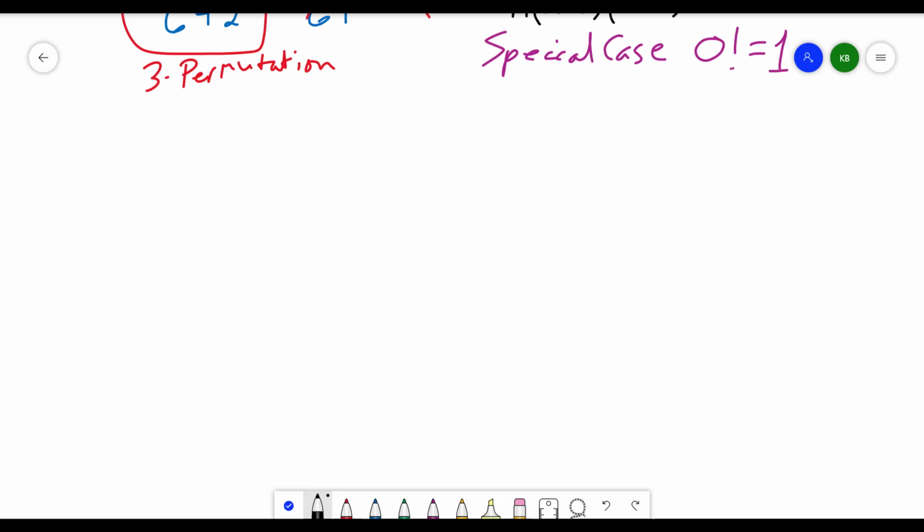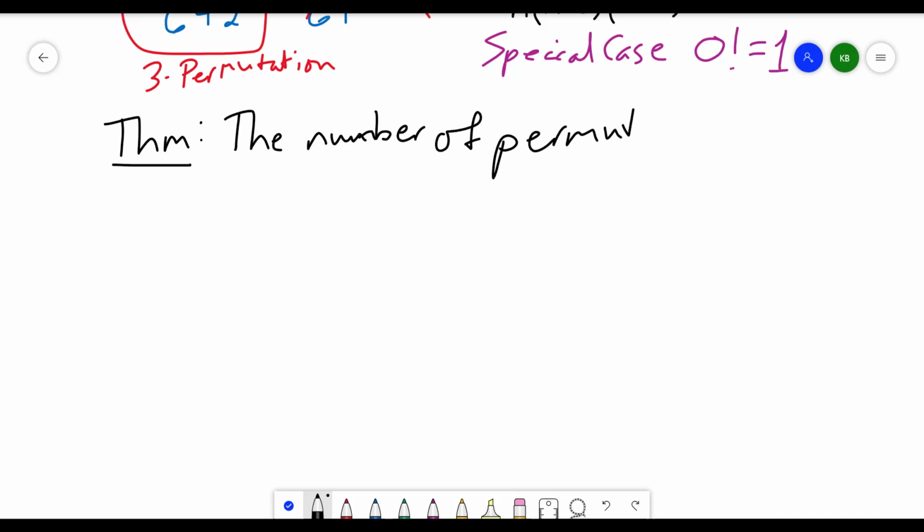So it's no mistake that factorials came up right after we talked about permutations, because we actually have our first theorem of our course: the number of permutations of n objects is n factorial.